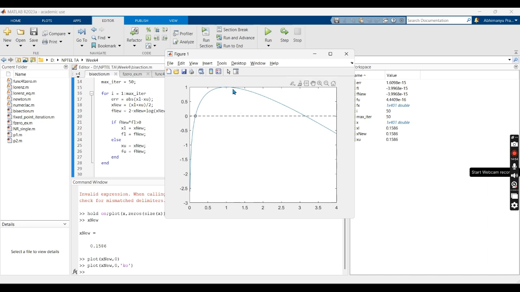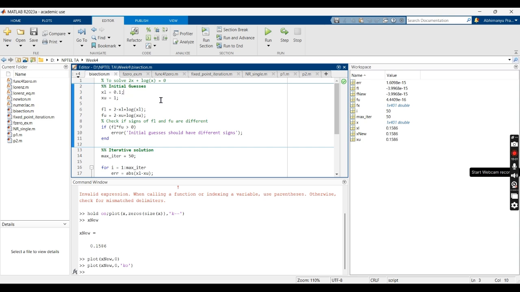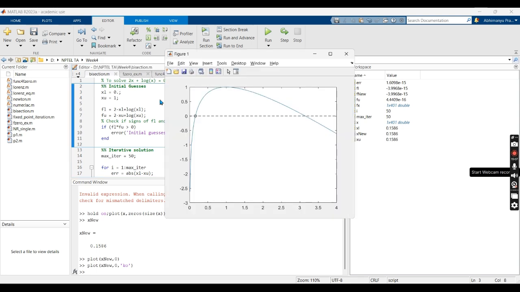Similarly, if I choose another initial condition which is closer to the other root, then I should be converging to that root, the second root. So one of the initial guesses is 0.1, and the other should be on the other side of this root. So I will take something like 3, something like 4.